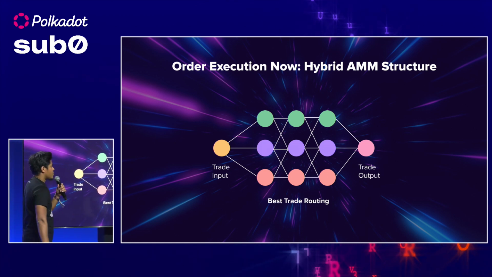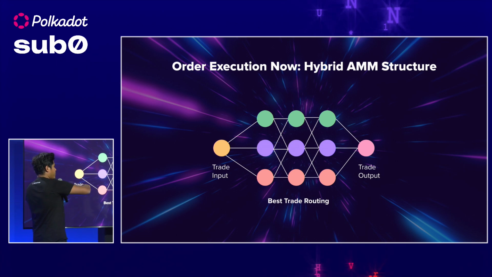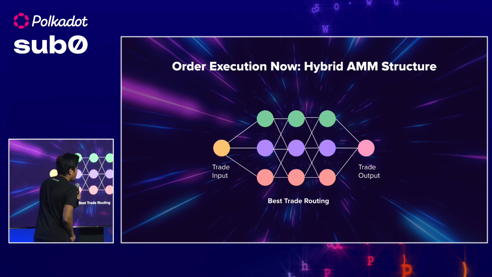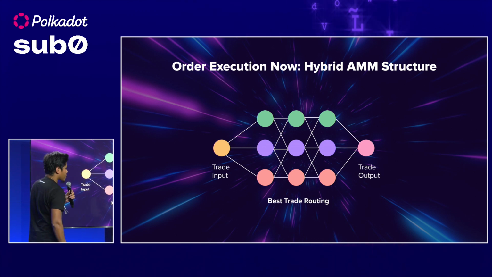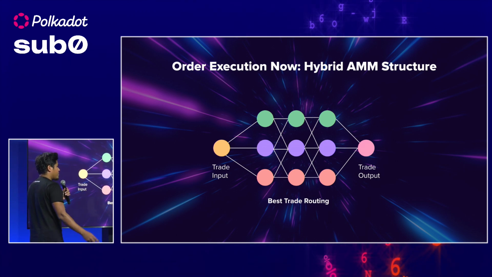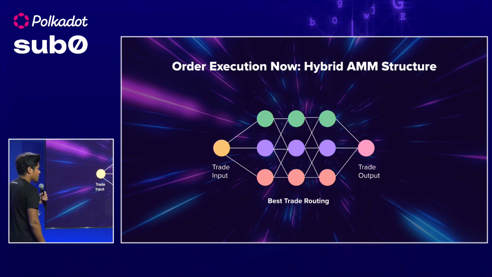This router automatically finds the most efficient routes, 5 over 50 trade paths, across various AMMs and across various pools within the AMMs.